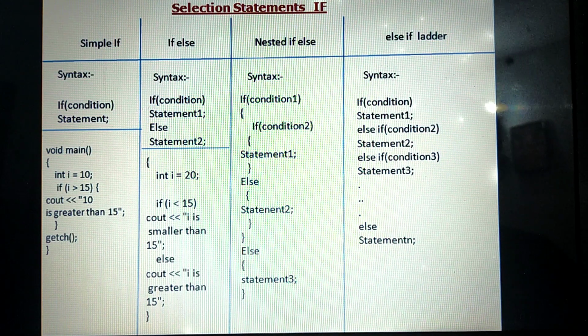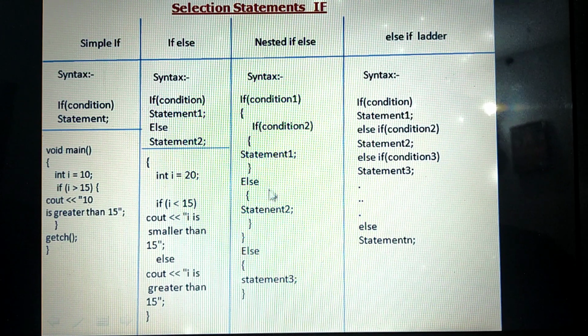Statement 3 will execute when the first condition, the outer condition, is false. It will skip the inner if and execute the statement which is followed by the outer else. This is the outer else statement, so statement 3 will execute.